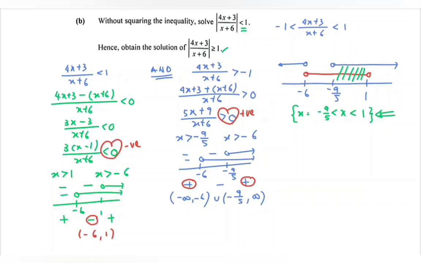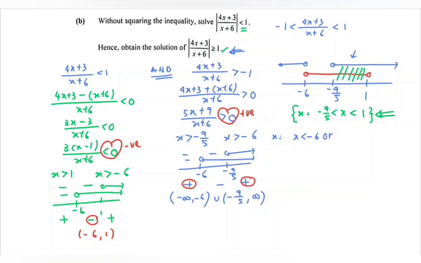For the other part, meaning outside the green in color, that will be the answer for this second part. So the answer would be x such that x less than negative 6. Included? Not included, because x + 6 is in the denominator, so x cannot be equal to negative 6.